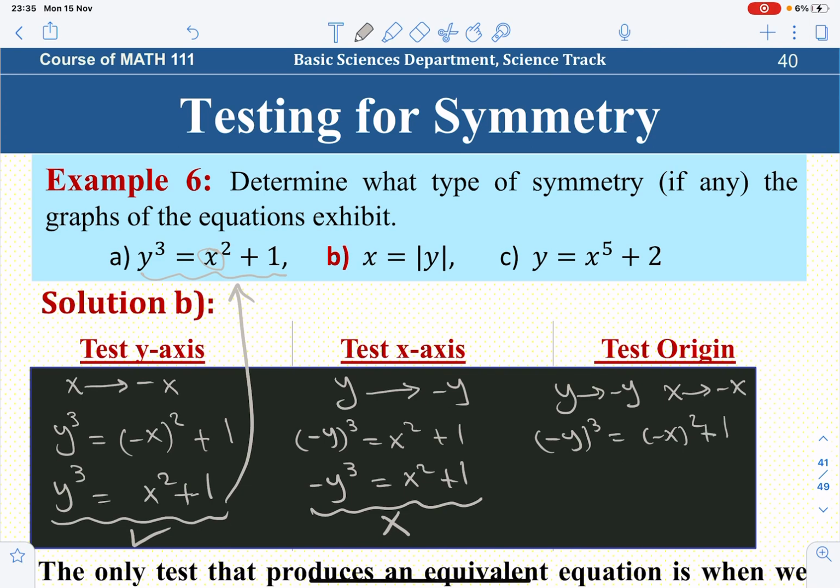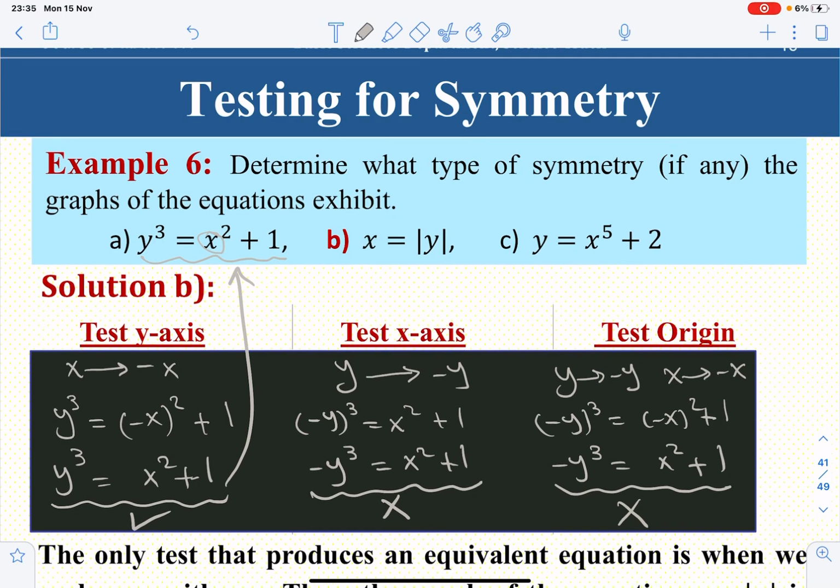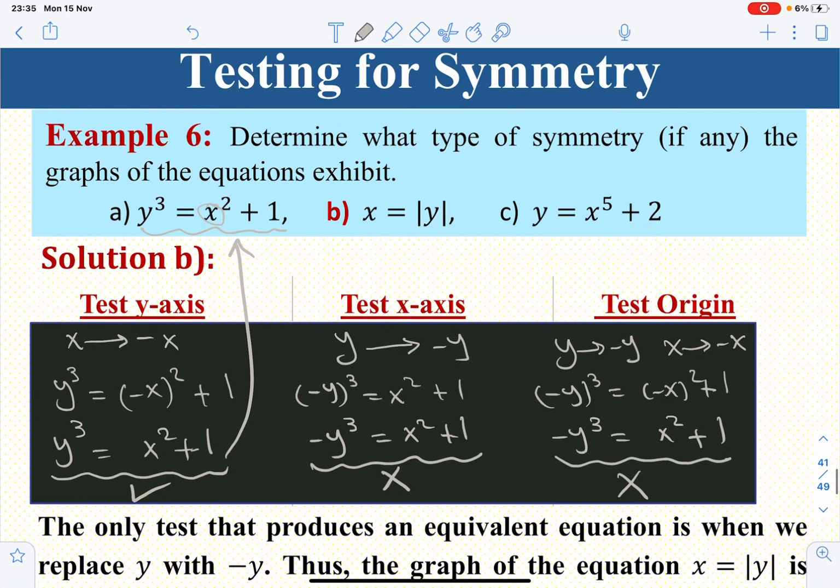For y, the negative will remain because the power is odd, while for x, the negative will be cancelled because the power is even. So again, this one is different than the original equation. So no, this is not symmetric with respect to the origin.